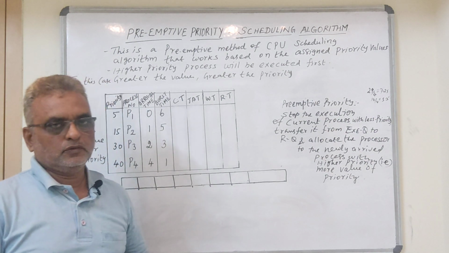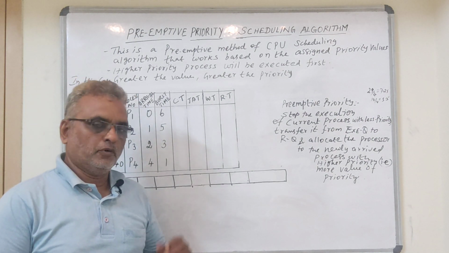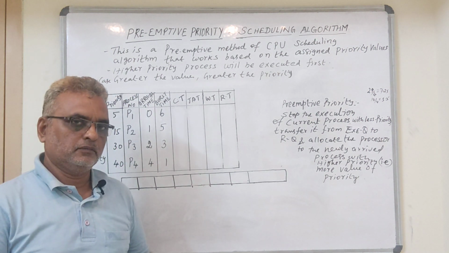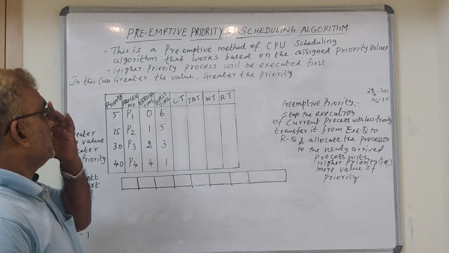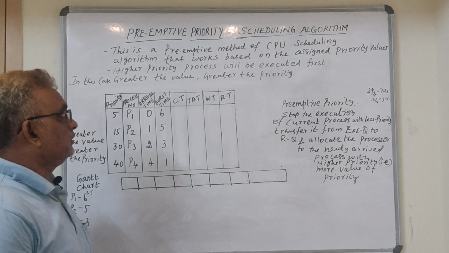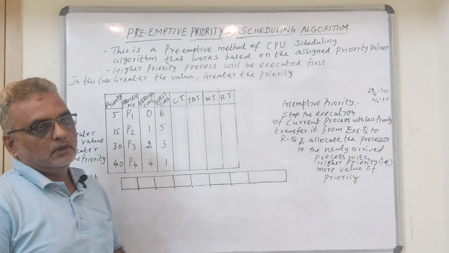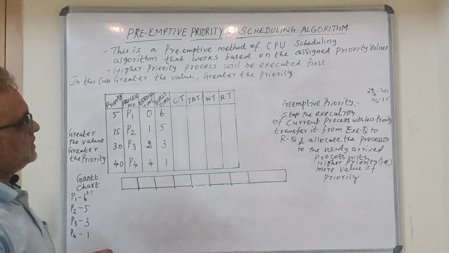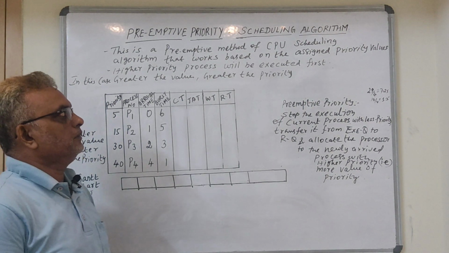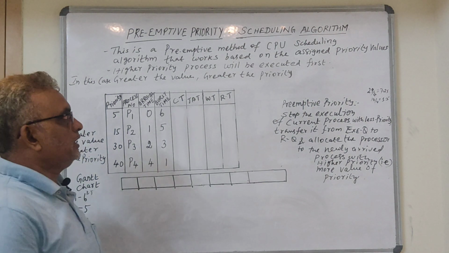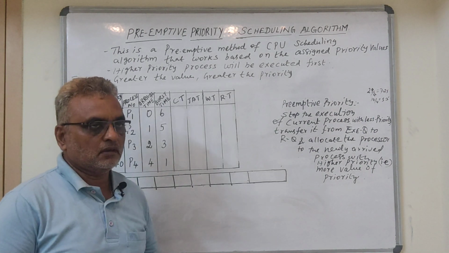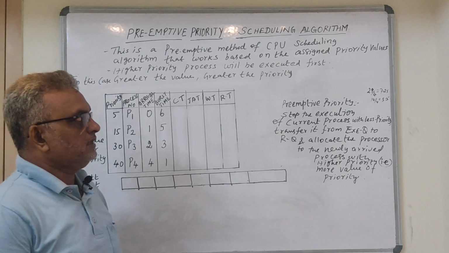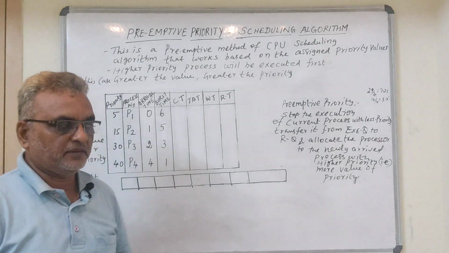So in this video we are going to discuss another important concept from operating systems, that is the preemptive priority scheduling algorithm. This is a preemptive method of CPU scheduling that works based on the assigned value of priority.